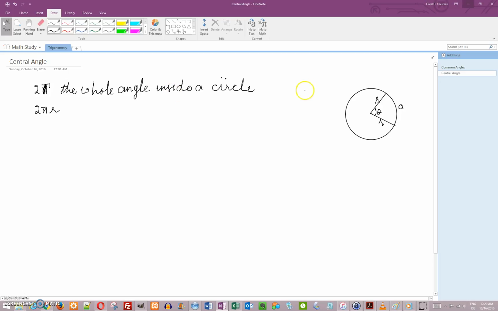Now the arc subtended by the angle theta is A, the length of the arc, and the angle is theta. So you can form a ratio of these 4 values and then get the values of r, A, and theta. You could have 3 formulas.